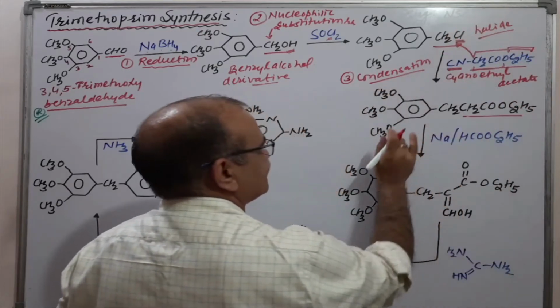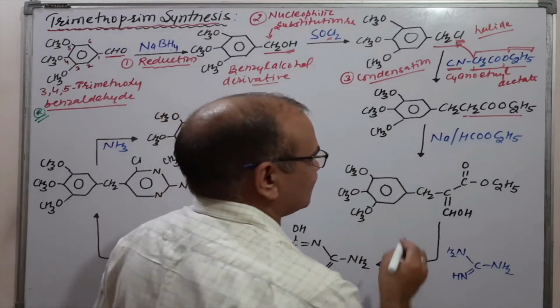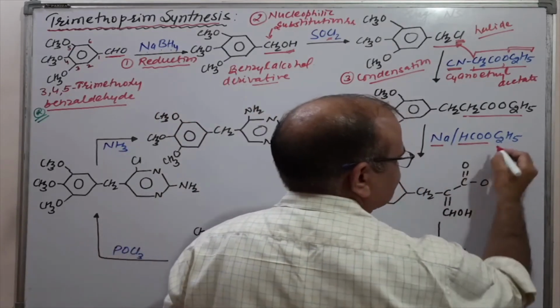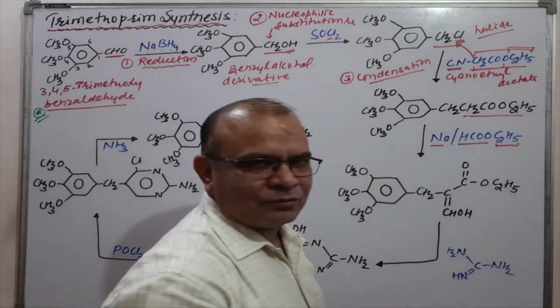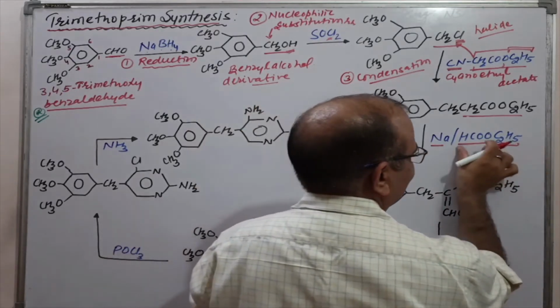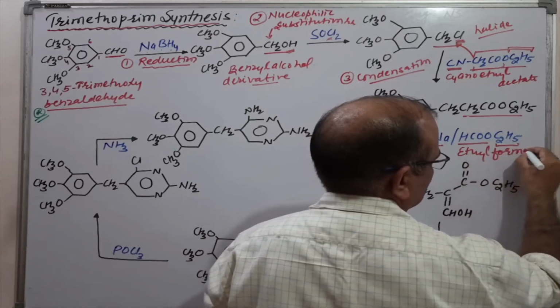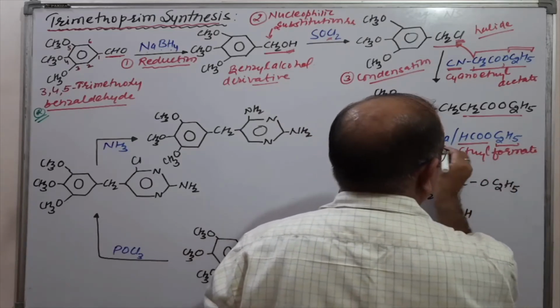Similarly, next step, what will happen? Try to understand here sodium and ethyl formate, the formic acid with the ethyl moiety. Now, in presence of sodium, what will happen?